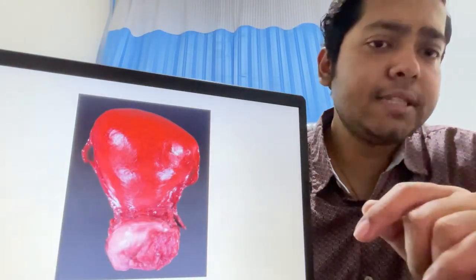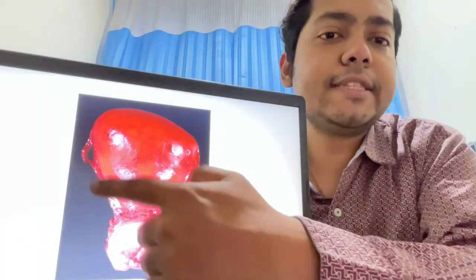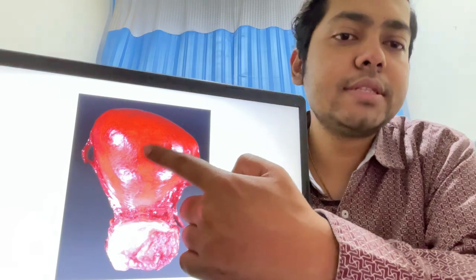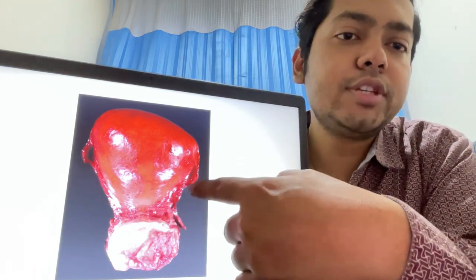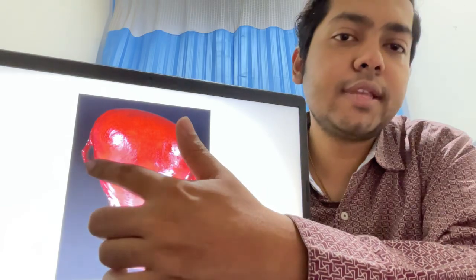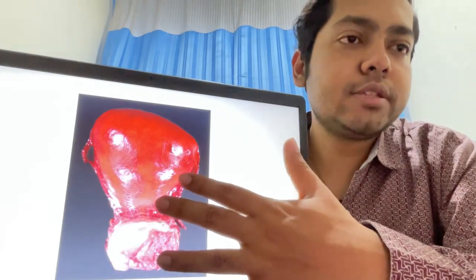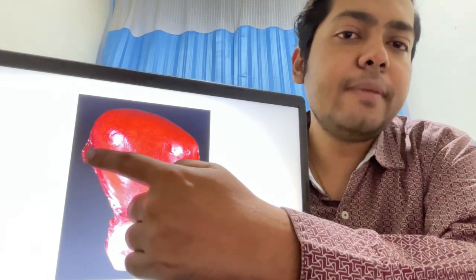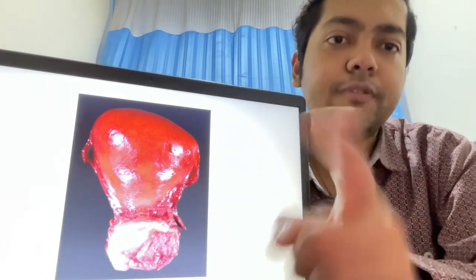Next, this is the specimen. This is very commonly asked. What will you say? This specimen shows uterus along with cervix and bilateral tubes, but ovaries are not there, only bilateral tubes. So it is total hysterectomy and bilateral salpingectomy specimen, but ovaries have not been removed.